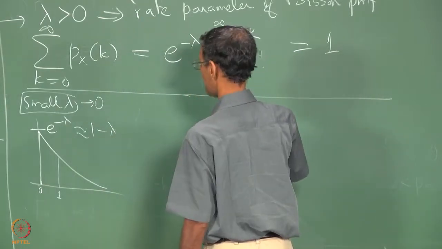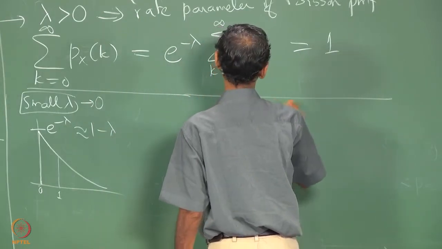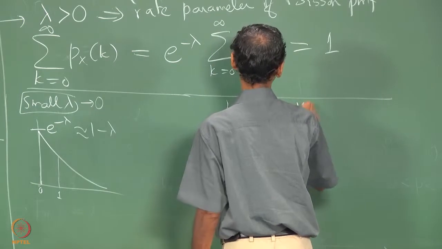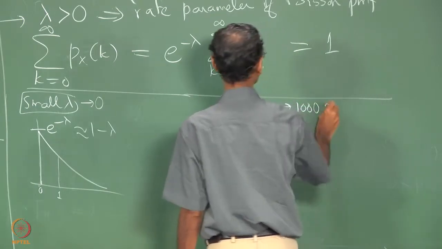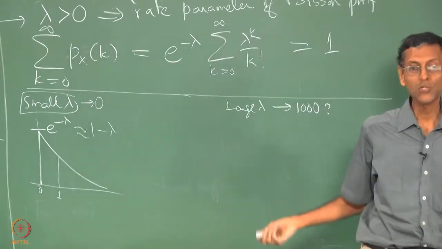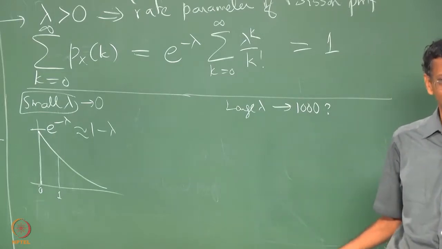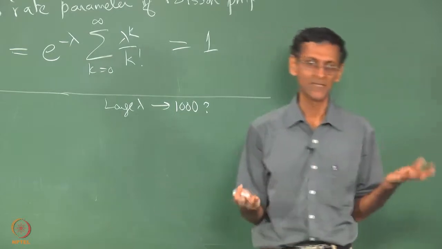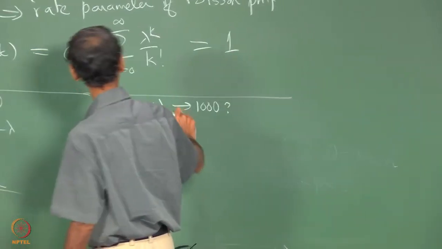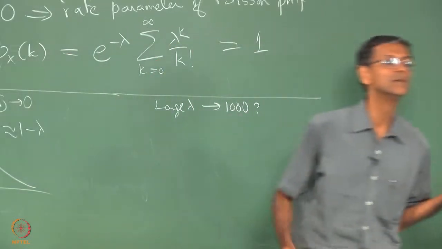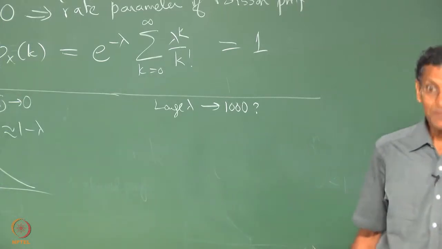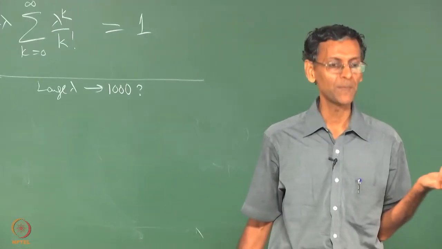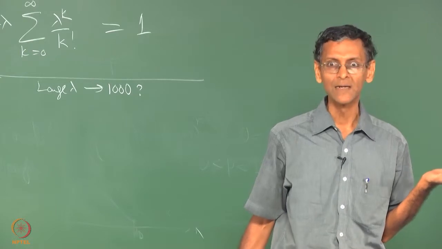For large lambda going to 100 or 1000 or whatever, that is also possible physically. There is no reason why you don't encounter such large lambdas in practice. So now what do you think happens? It becomes very much like a bell-shaped curve centered at lambda.